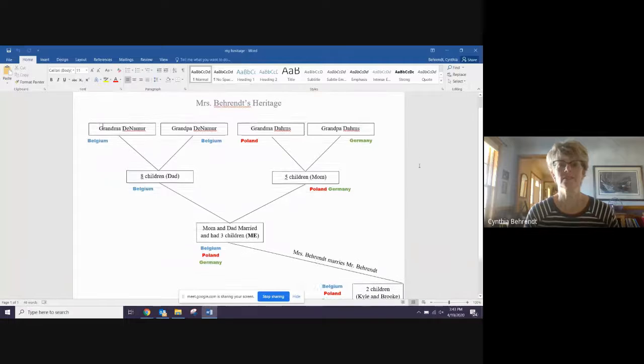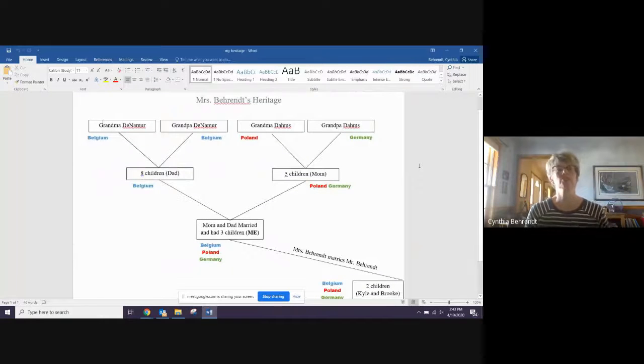All right. This is Mrs. Barron's heritage. I'm going to start with my grandparents. You can see that I have my four grandparents at the top of my family tree. I have Grandma Denamer and Grandpa Denamer, and both of them are considered Belgian.